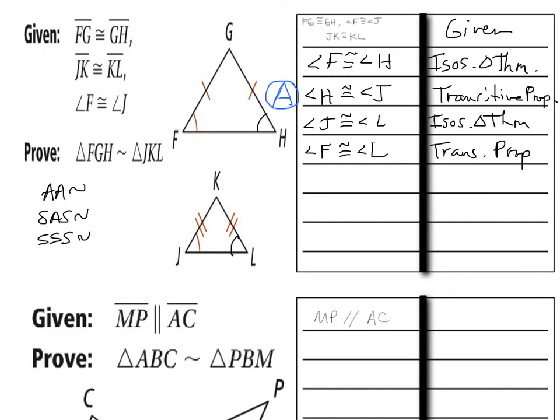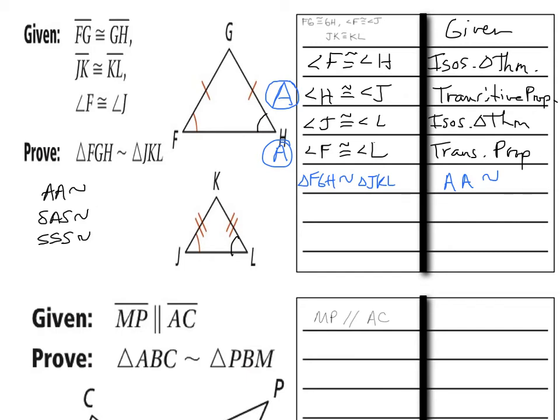And if you'll notice here, angle F corresponds with angle L. So this is my second angle that I'm looking for. And now I can show that triangle FGH is similar to triangle JKL by the angle-angle similarity.